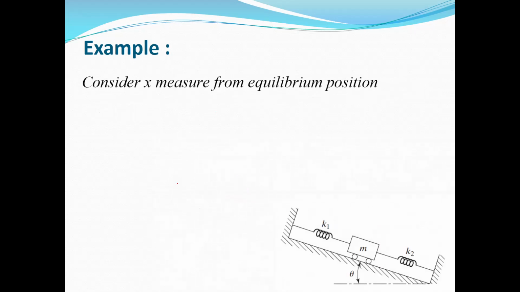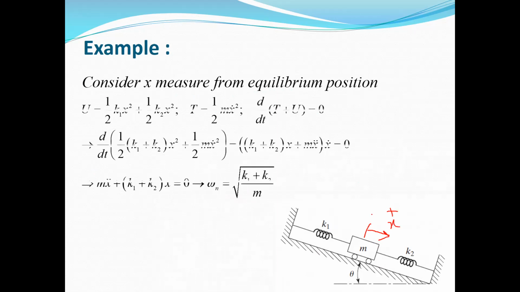Here we consider x, which is measured from the equilibrium position. For example, if this is the equilibrium position, we measure x from this position, and this is, for example, the positive direction. So in this condition, you can write the potential and kinetic energy.